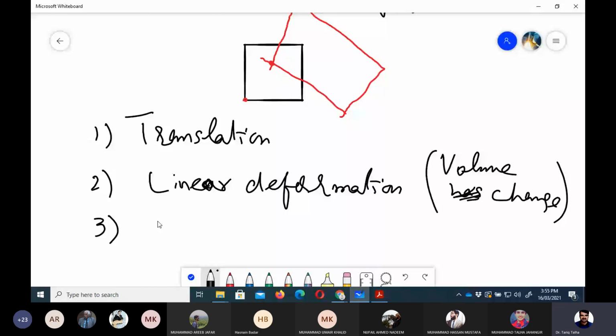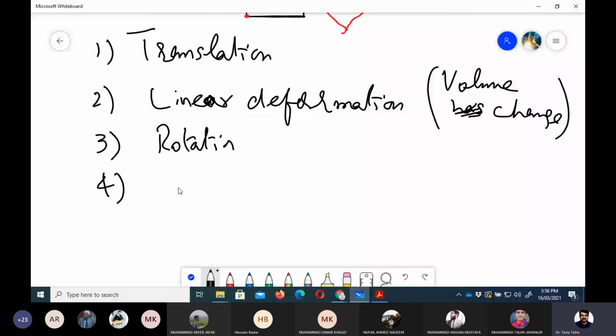If you see here, it was parallel to the x-axis, but here you can see that it has been rotated to some point. And then the fourth is angular deformation. Here volume change is there, but no shape change.